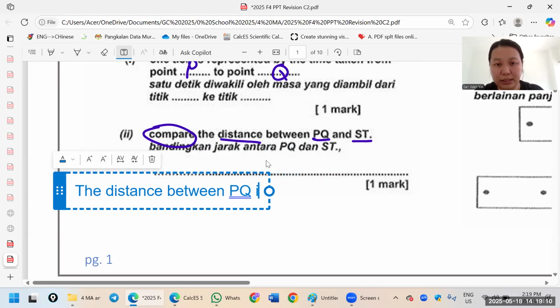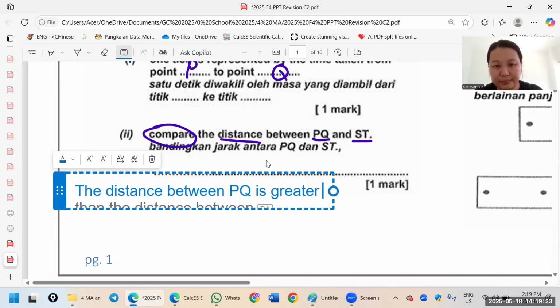You may say longer, bigger, higher, but I encourage you to use the words greater than or more than, easier.